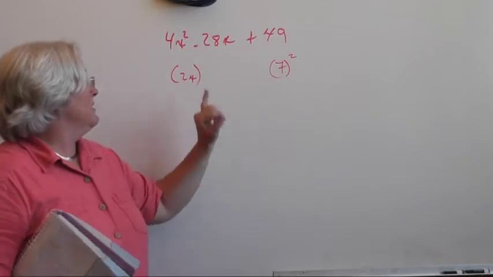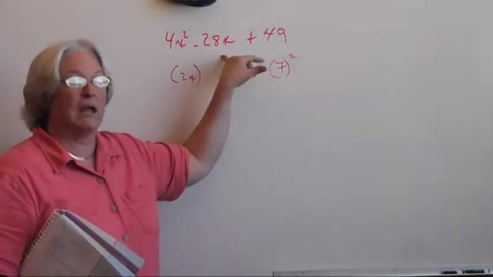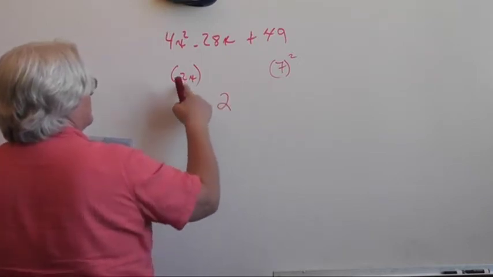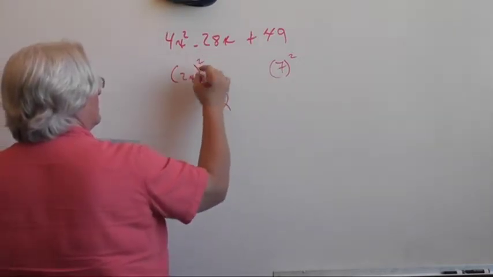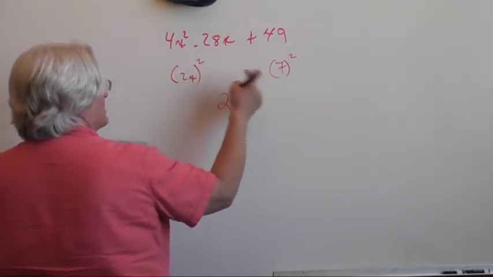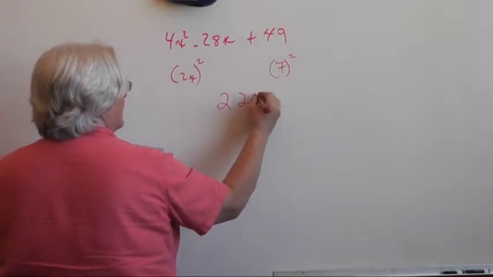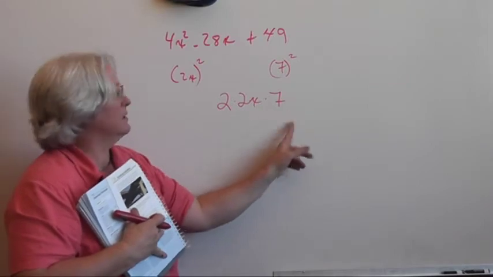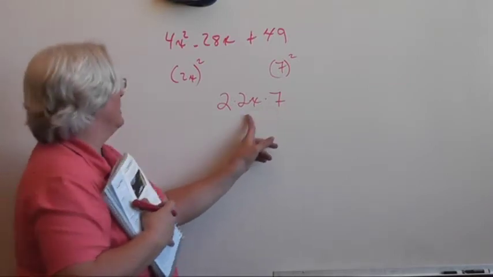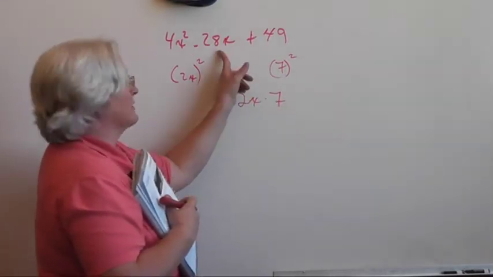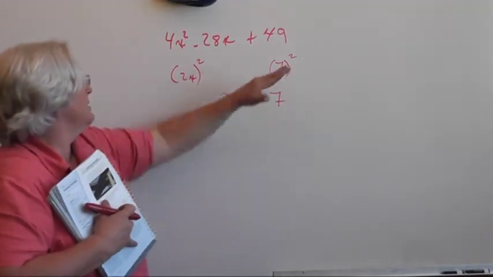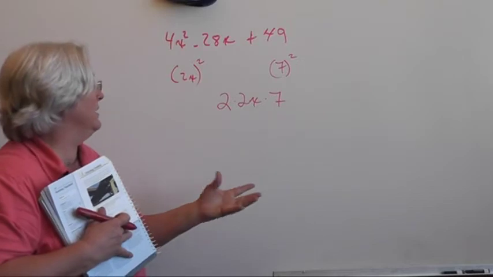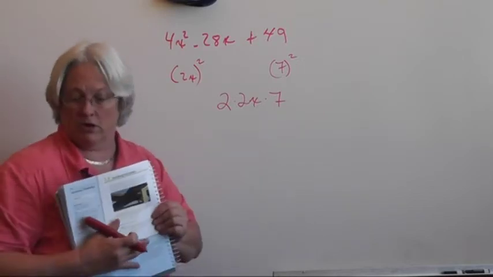And this center term has to be 2 times the product of these square roots. 2 times 2x times 7. 2 times 2 is 4, times 7 is 28x. So yes, 4x squared minus 28x plus 49 is a perfect square trinomial.